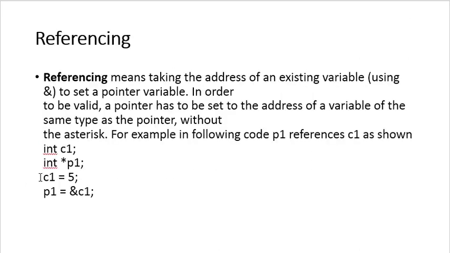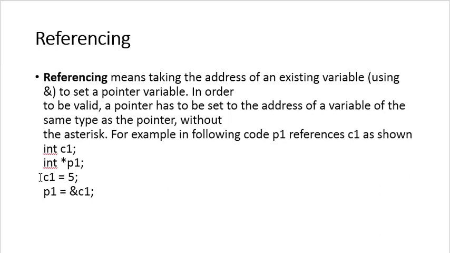So coming toward referencing, what is referencing? Referencing means taking the address of an existing variable using the ampersand to set a pointer variable. In order to be valid, a pointer has to be set to the address of a variable of the same type as the pointer, meaning both have the same data type without the asterisk.